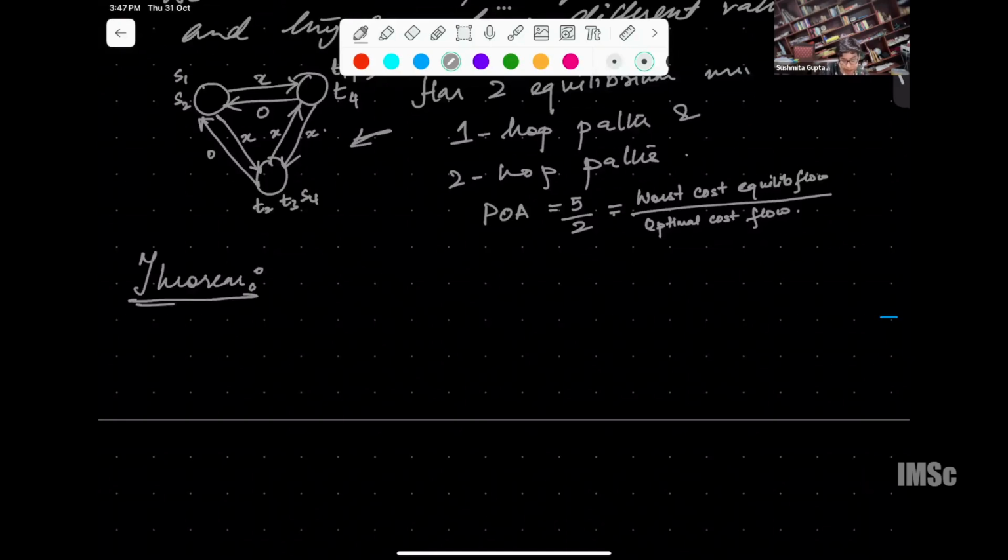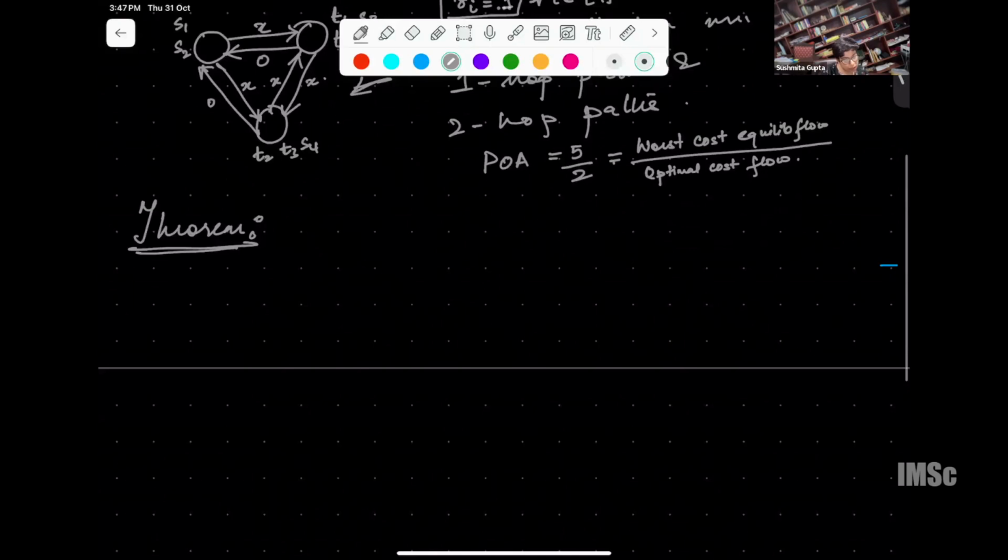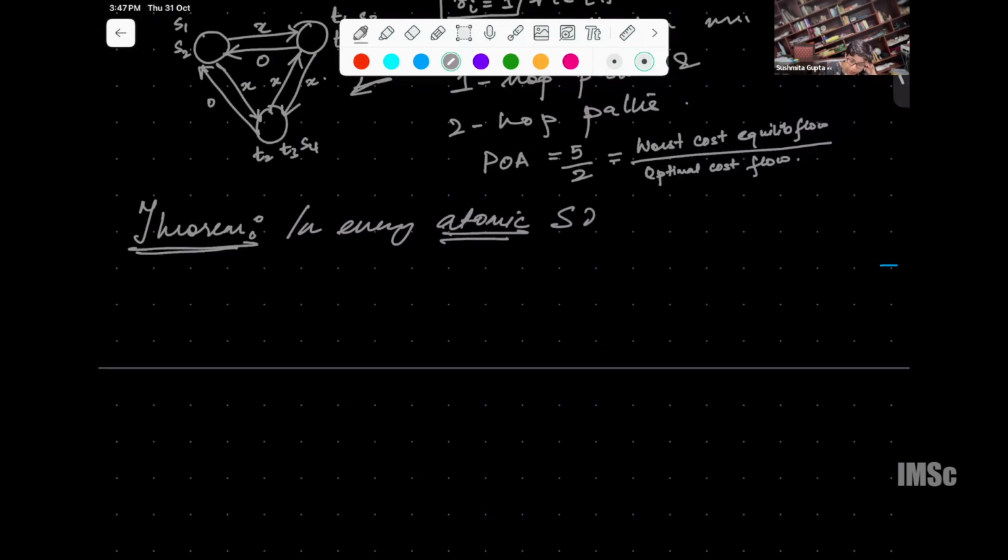which, again, is quite similar to what we have seen before, the last two theorems that we saw. I forgot who actually proved this theorem, but in every atomic selfish routing network with affine cost functions, the POA is at most 5 by 2.